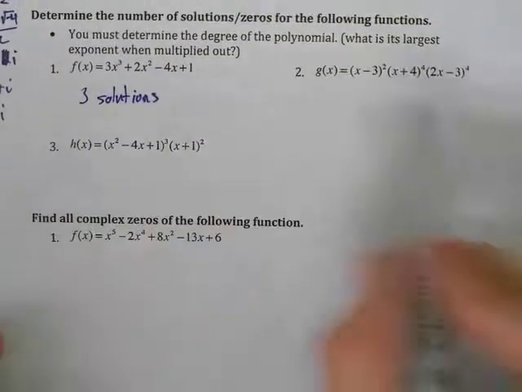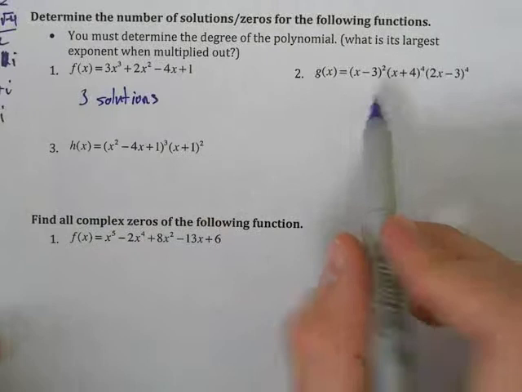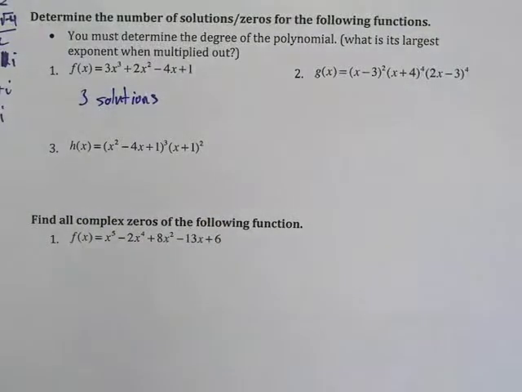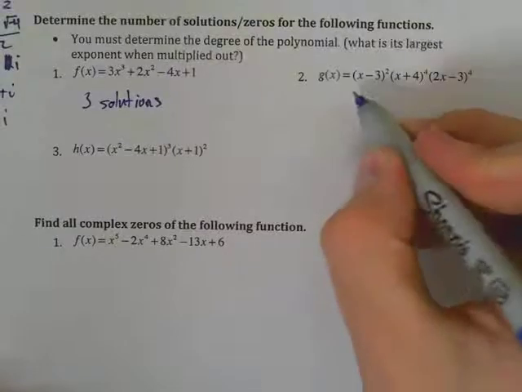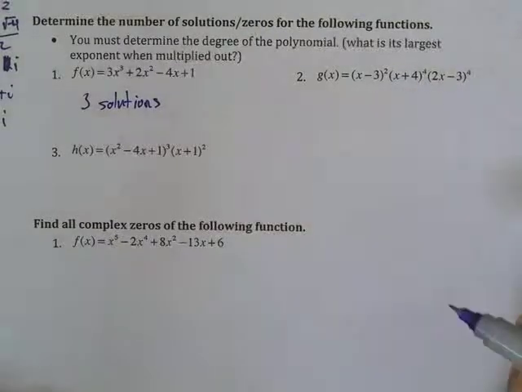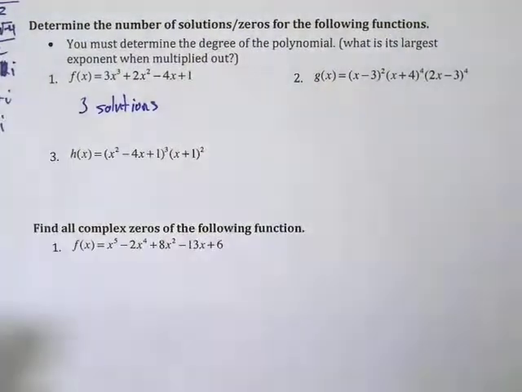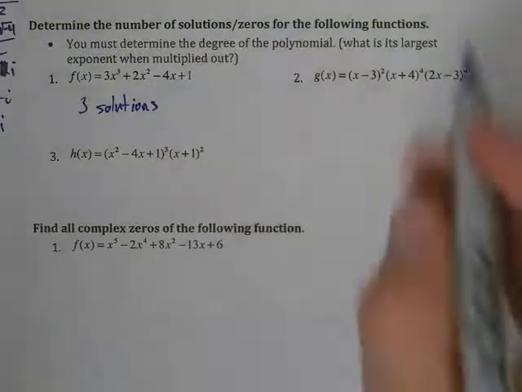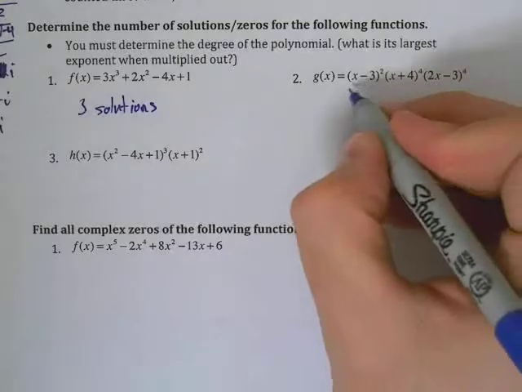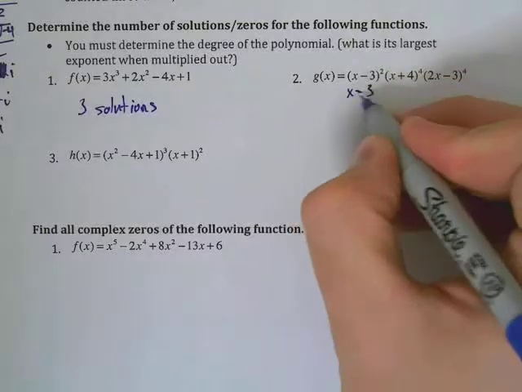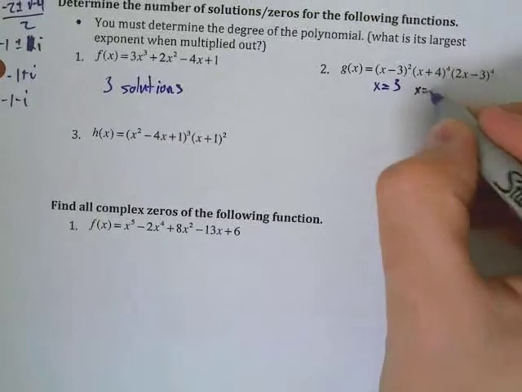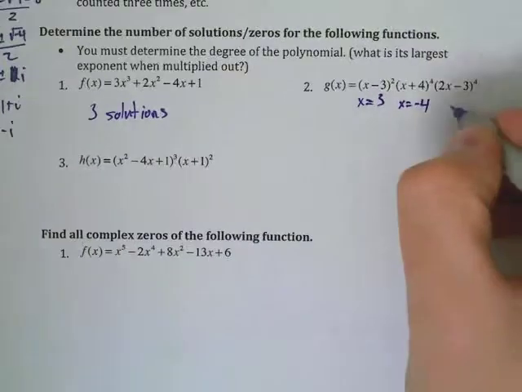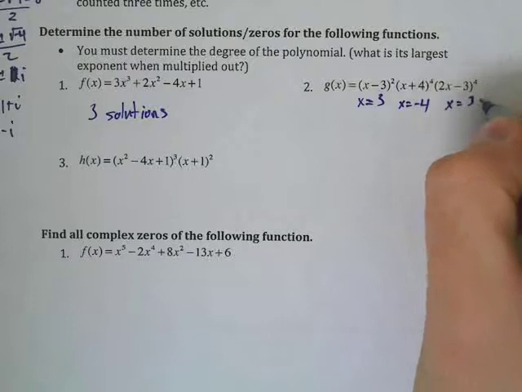Number 2, first thing we have to do is we have to find the degree. Well, it's a little bit trickier when we have things written out like this. Okay? There's 2 ways that you can think of this. This is already in factored form, so you could find the zeros. You have a 0 of 3. You have a 0 of -4. And you have a 0 of 3/2.